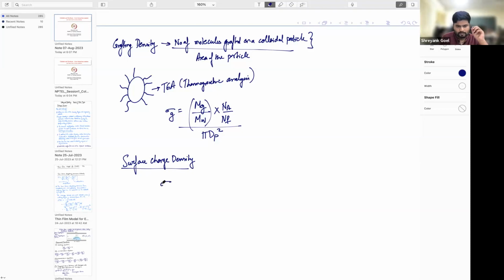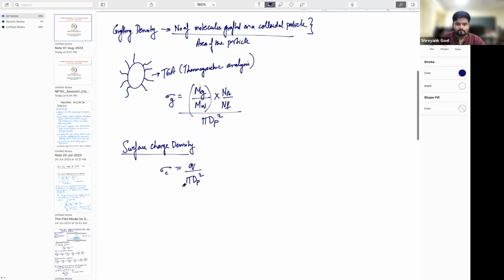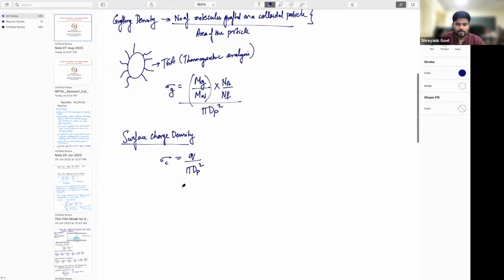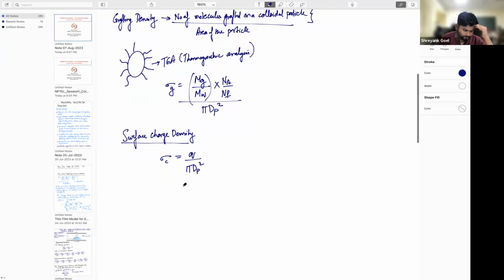That is sigma, that is q, the surface charge density. Here n is the Avogadro number.